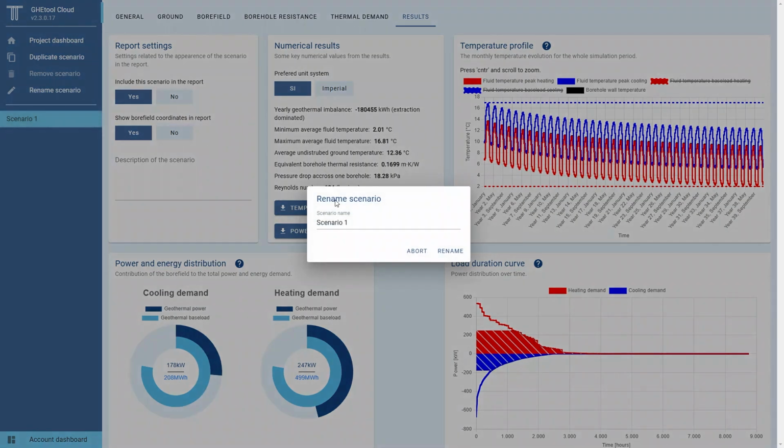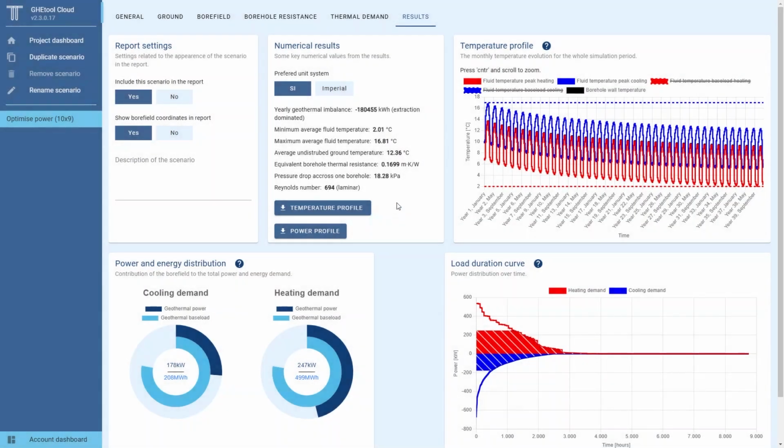So first of all, I will rename this scenario to optimize power, and I will just say 10/9. Perhaps what we can do is say, well, instead of installing a bore field which has a dimension of 10/9, perhaps we can make a 9/9 and see what the difference in results is.